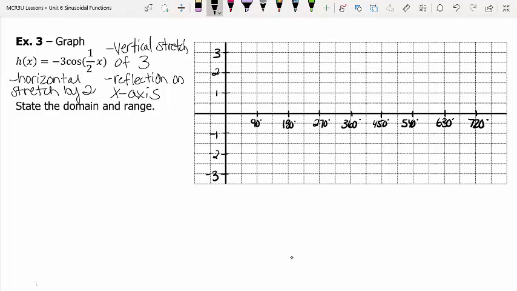Okay, so as always, let's start with our base graph. So this time we need our base graph of cos. If you forget it, look at the key points that we wrote down at the very start of the lesson.